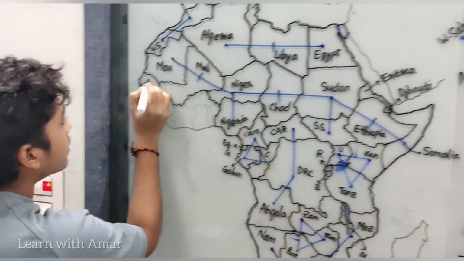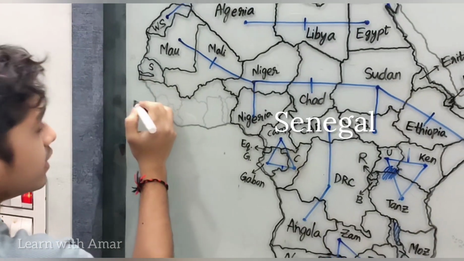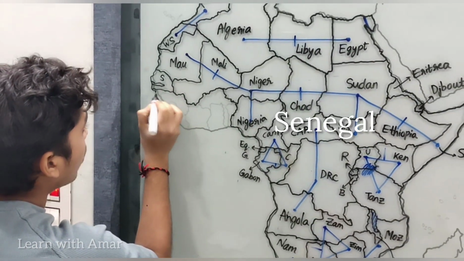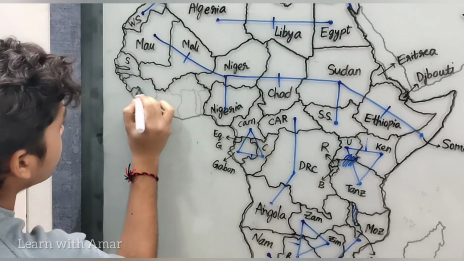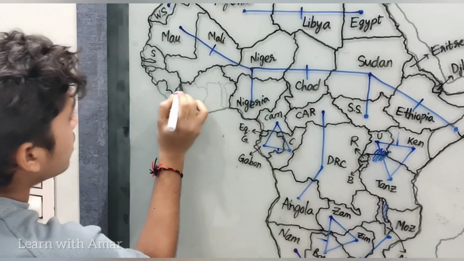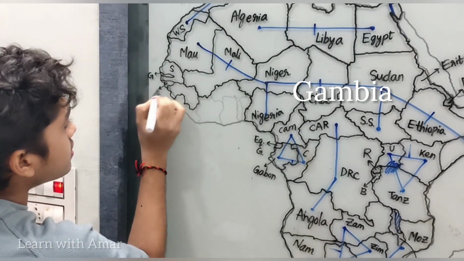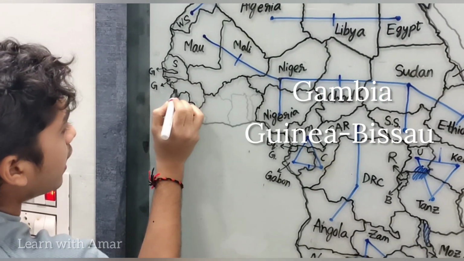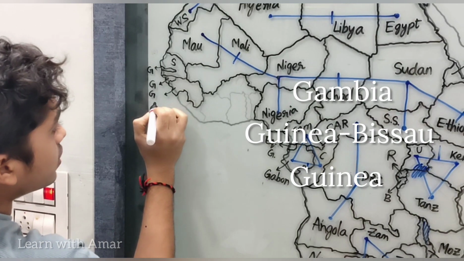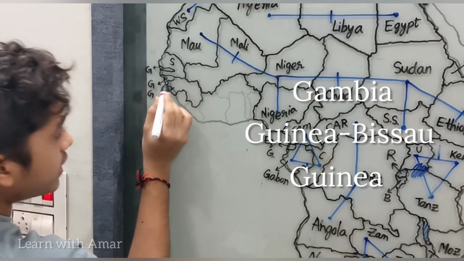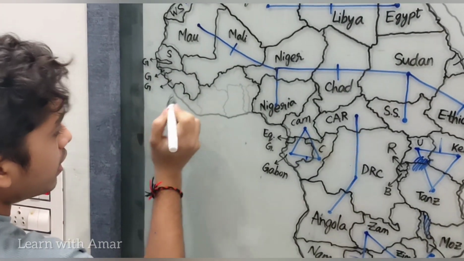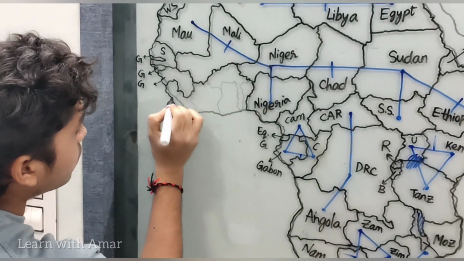So this right here is Senegal and then we have these 3 smaller ones and all of them start with G. So these are the 3 G's, this one being Gambia, this is Guinea-Bissau and this right here is Guinea. So 3 G's, Gambia, Guinea-Bissau and Guinea. Then we have 2 small ones.